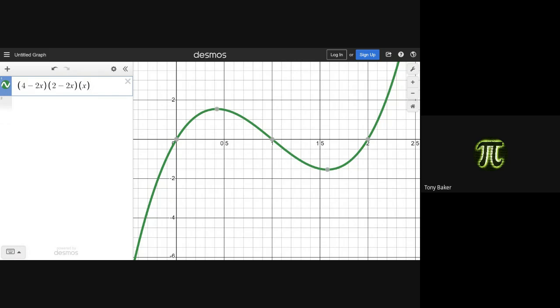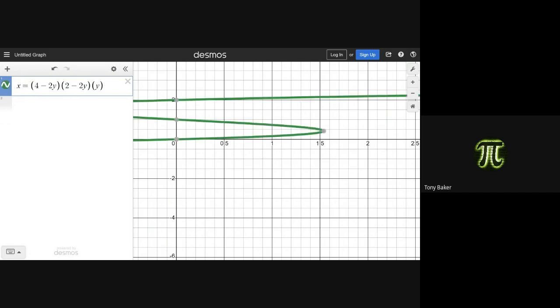Unless you put Y, like when we get to other things, like if you change these to Y's here, it expects you to put X equals. We had ones like that when we did the inverses. So it will assume it's Y equals. It won't assume anything else.